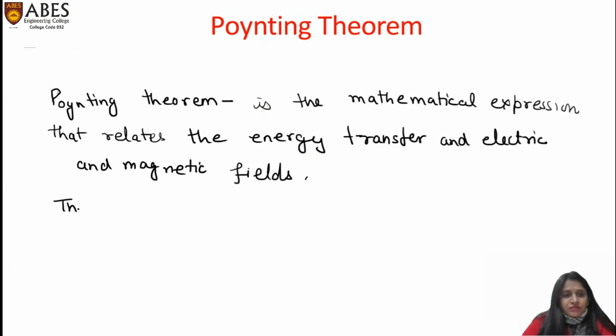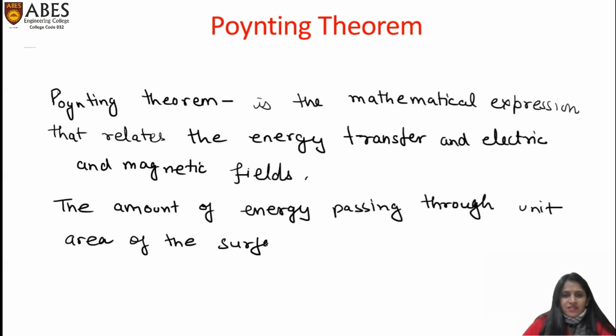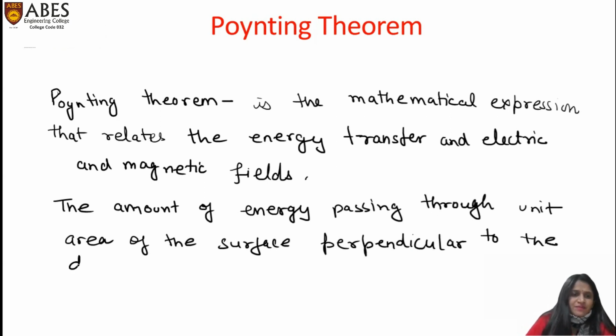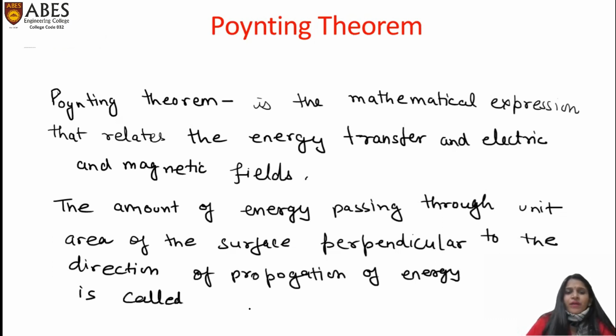And the amount of energy passing through unit area of the surface perpendicular to the direction of propagation of energy is called the Poynting vector.